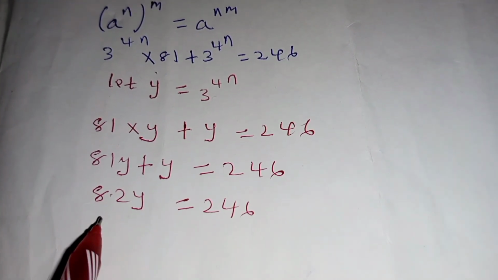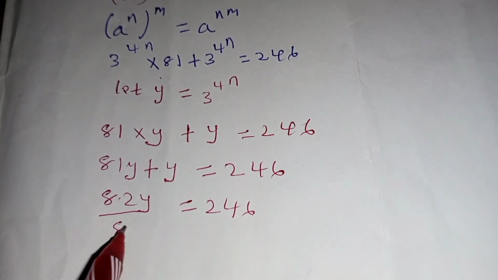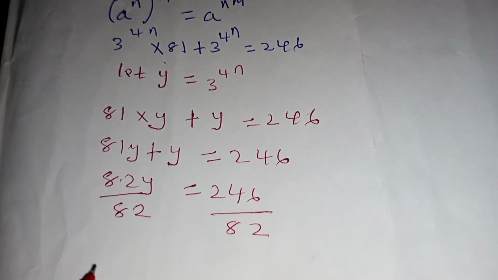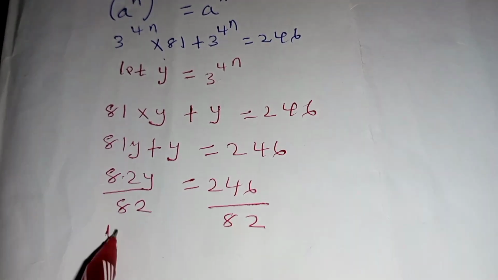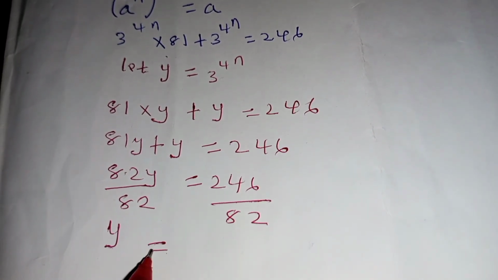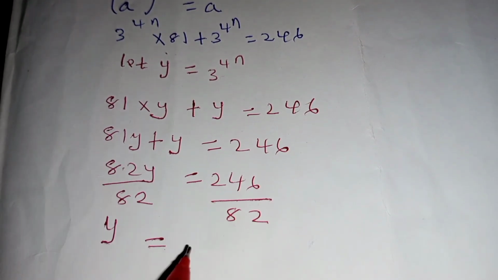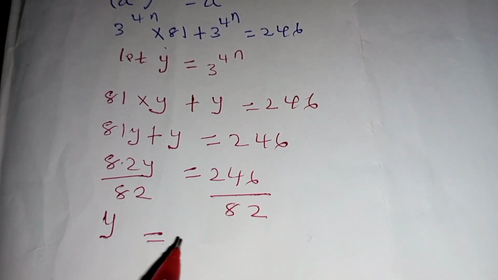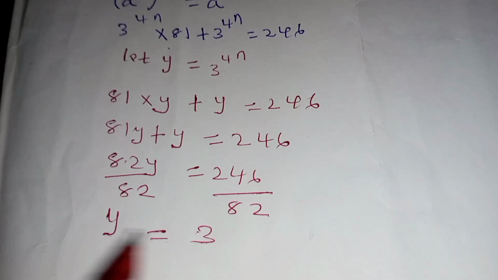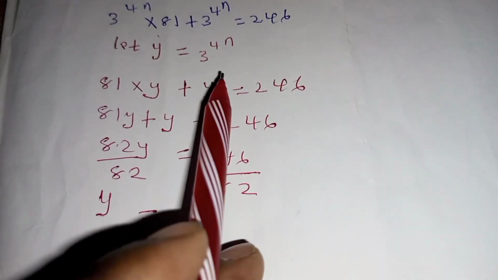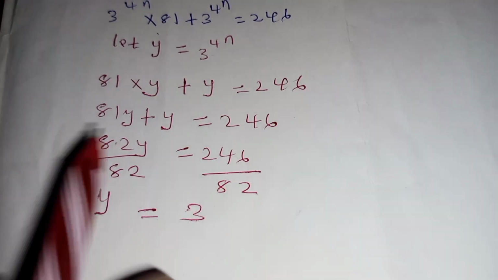Now, the objective is to obtain y, so we can divide both sides by 82. 82 divided by 82, we shall be left with y, which is equal to 246 divided by 82, which is 3.